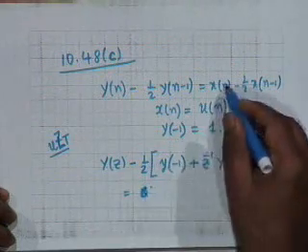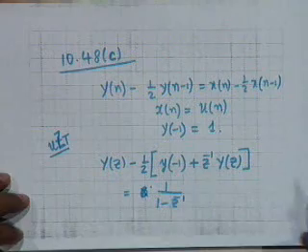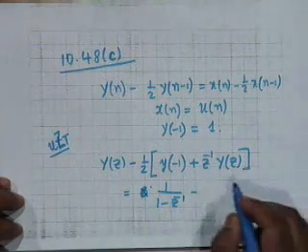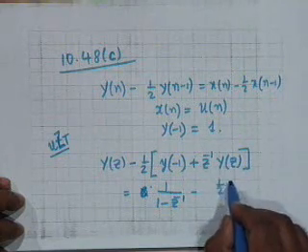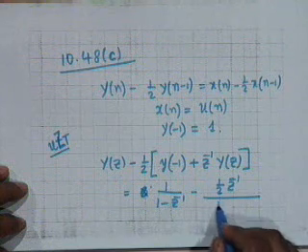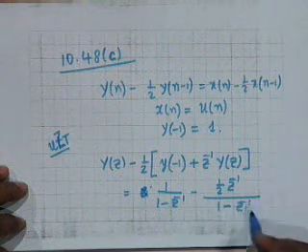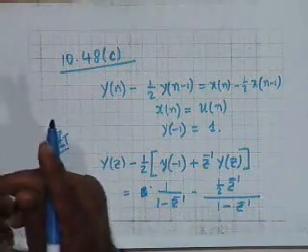Well, what is capital X of z? If x of n is u of n, then 1 by 1 minus z inverse, minus half x of n minus 1, half z inverse divided by 1 minus z inverse. Because x of n is given as u of n.